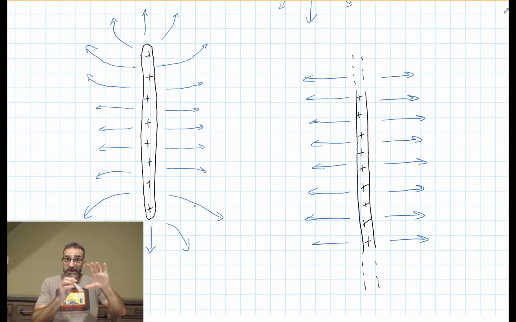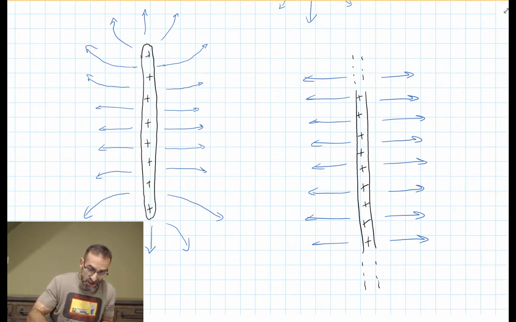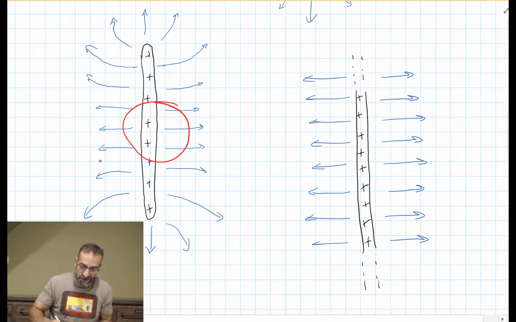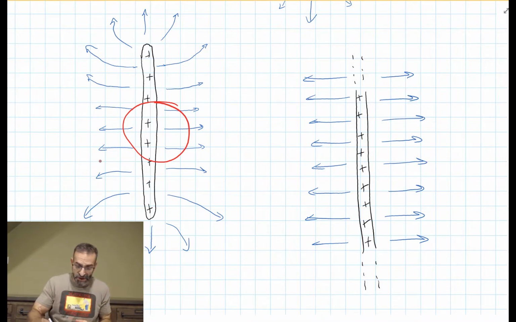If we want to know what the electric field is very close to the rod, even if it's only as long as my pencil, if we want to know the electric field just a few millimeters away from the pencil, it looks like an infinitely long rod if you're only a few millimeters away from it. So if you're interested in the electric field in this region right here, we can kind of approximate that like an infinite rod. And the same with a sheet of charge.